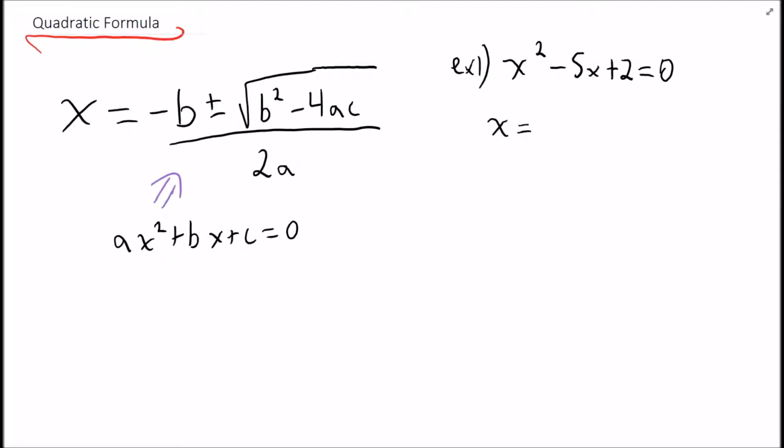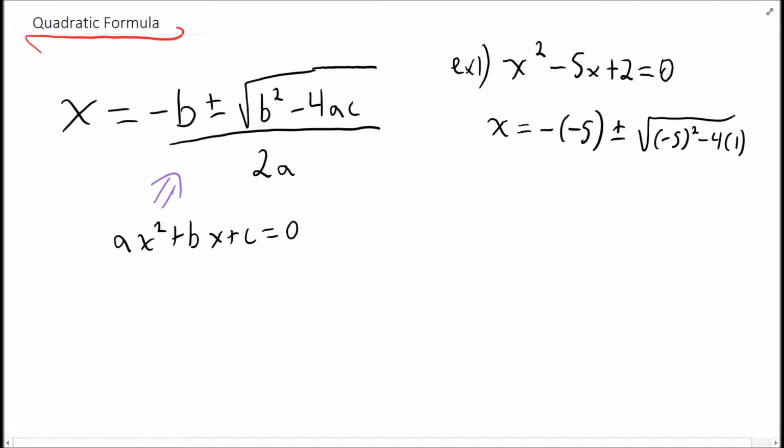We get negative b, and in this case b is negative 5, so I'm subbing it in like that. So negative b plus or minus the square root of b squared, so that's negative 5 squared, minus 4 times a, and in this case there's nothing in front of the x squared, so there'd be a 1, times c, which is 2, all divided by 2 times 1.